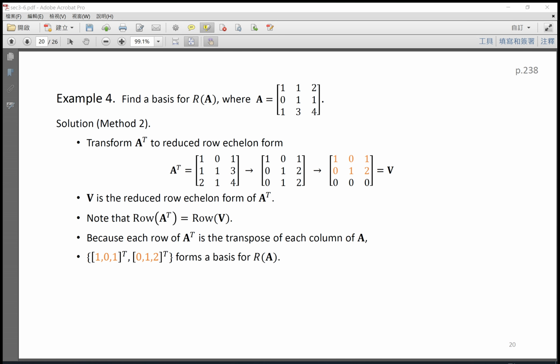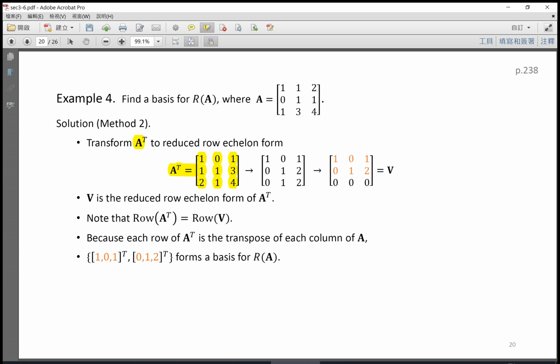In this slide, I present another method for computing a basis for the column space. To do this, first we compute the transpose of A. A transpose is this matrix.